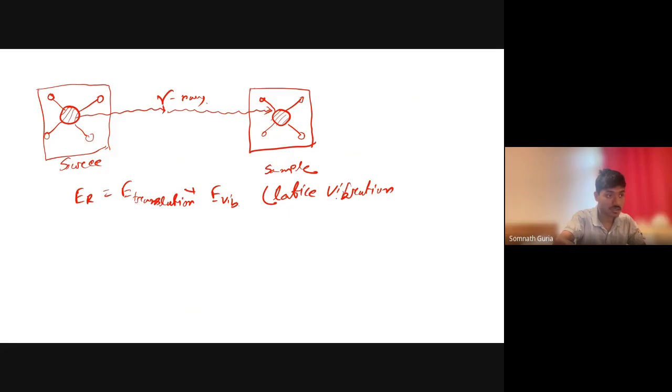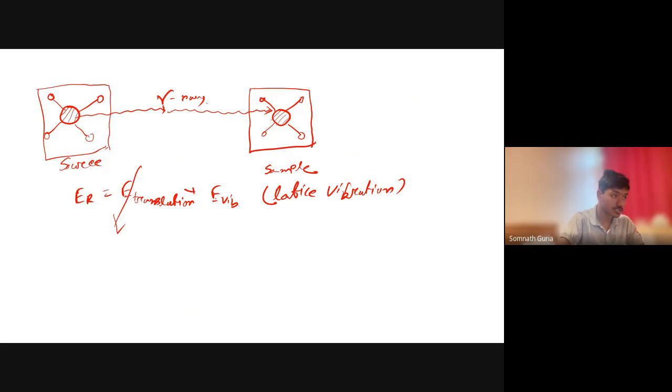Until and unless we can make an absolute zero temperature, this lattice vibration will always be there. So it may be a lesser number of lattice vibrations, but it is supposed to be there. By making the solid matrix, he is cutting off the E translation energy.